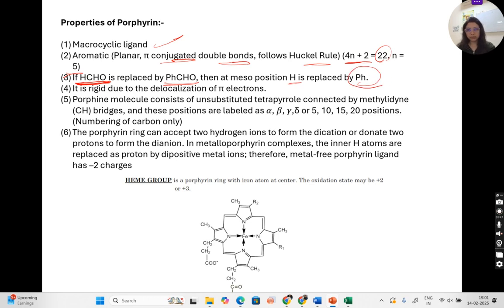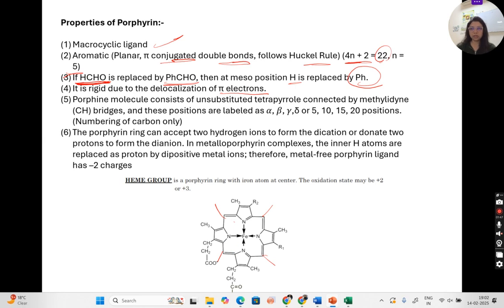We have these as the meso positions. It is rigid due to the delocalization of pi electrons, with complete delocalization without any unsaturation or saturation in between.